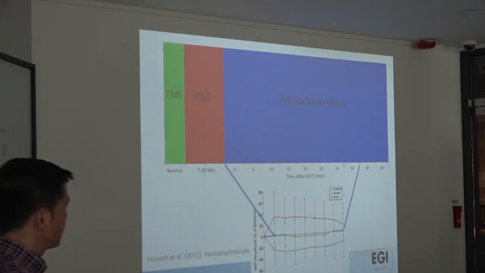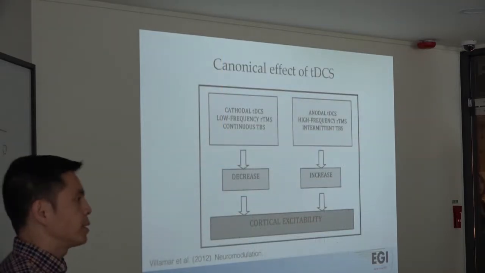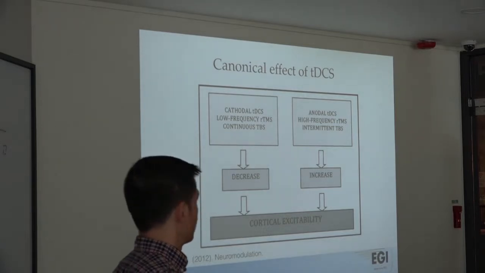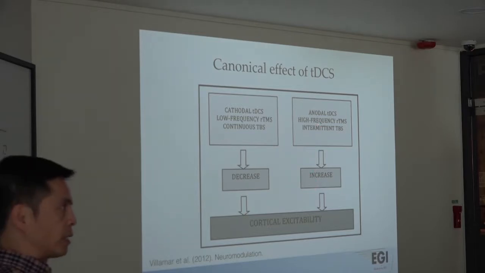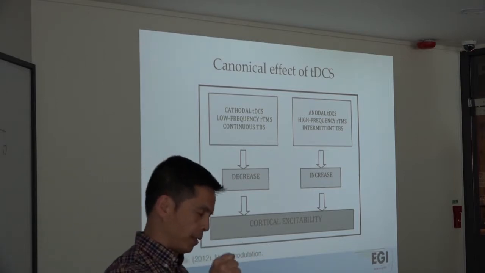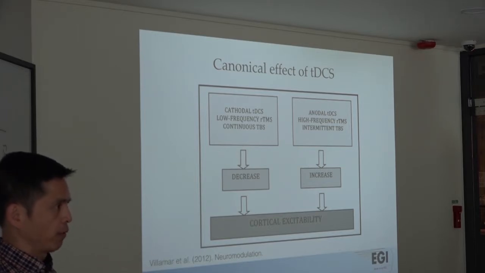So this is the typical response. This is an average response across people. All right. And this is how they conclude that if you apply cathodal, then you have a decrease in activity. If you apply anodal, you have an increase in excitability. Okay? But this is a net sum effect, meaning it has no consideration for the layers.